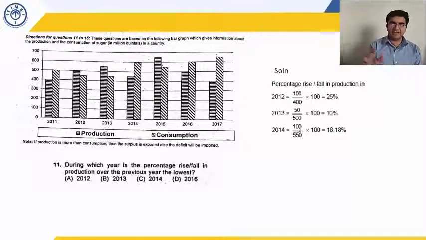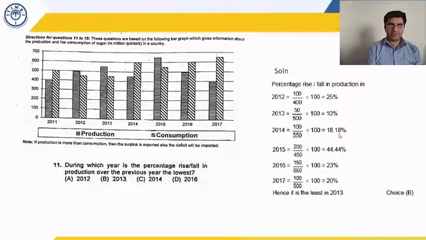So 2 by 11 becomes 2 into 9.09, that is 18.18%. So you see that since the numerator is very large, even though the denominator is quite large, the percentage value is large. Now let's look at the remaining cases.